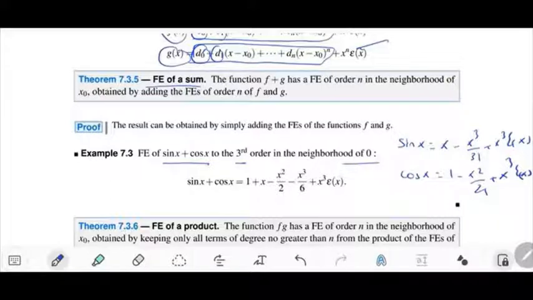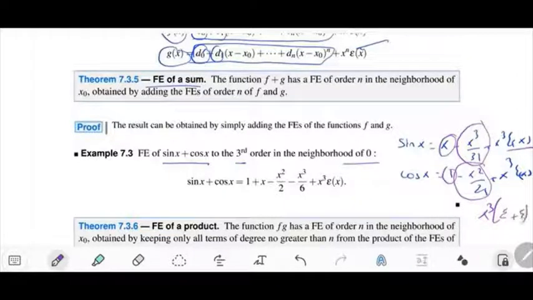And then we add these two terms, we will have 1 plus x minus x^2 over 2 minus x^3 over factorial 3 plus x^3 epsilon plus x^3 epsilon. So it can be written as x^3 times the first epsilon plus the second epsilon, and this whole thing is something that goes to 0 when x tends to 0, so it's one epsilon. So we write plus x^3 epsilon of x.